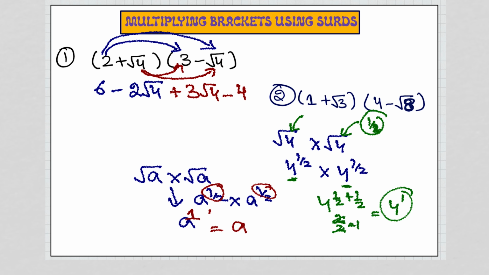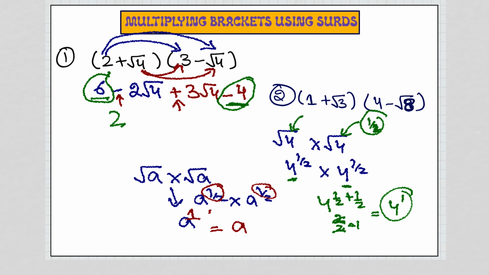Then after that, what you're going to do is simplify it. 6 minus 4 with like terms. 6 minus 4 is 2. Another important thing, please remember, the signs are always to the left of the surd, just like any other mathematical operation. 3 root 4 minus 2 root 4.